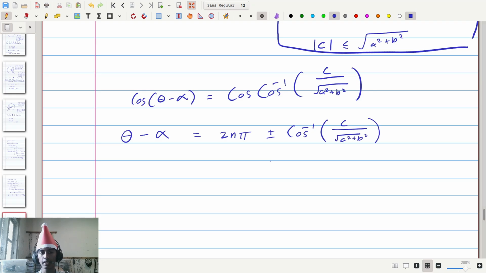So now, taking this thing to the other side, we can say that theta is equal to 2n pi plus alpha plus or minus the cosine inverse of C divided by the square root of A squared plus B squared.